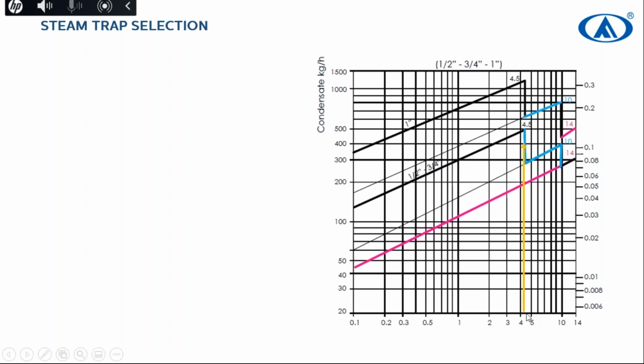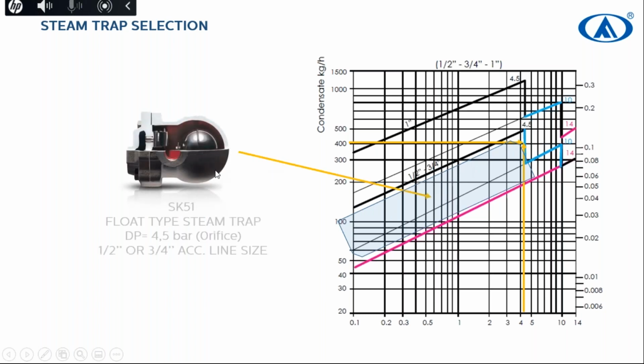So for 400 kilogram per hour capacity, you need to select in that area. It means it can be SK51 float type steam trap, delta pressure 4.5, and it can be half-inch or 3/4 according to line size.